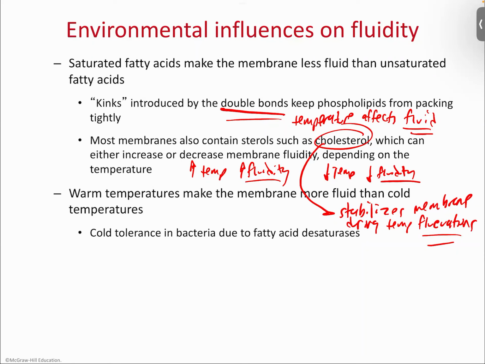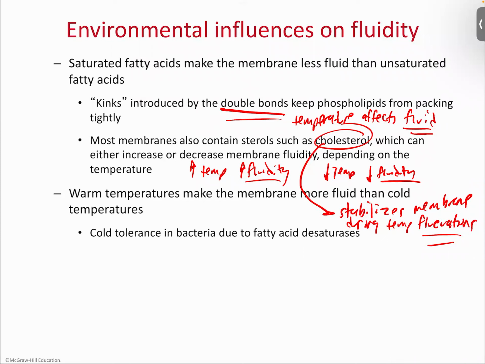So cholesterol, not being a fatty acid, doesn't behave the same way as the other lipids do. It is a lipid, but it doesn't behave the same way because it's got a different structure. So what happens is cholesterol isn't going to change its fluidity because it gets hot. It just doesn't. It's not structured that way.